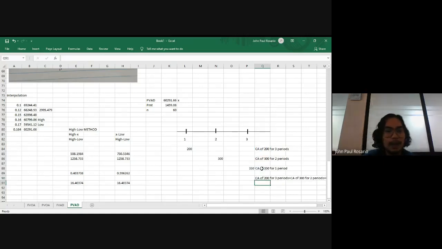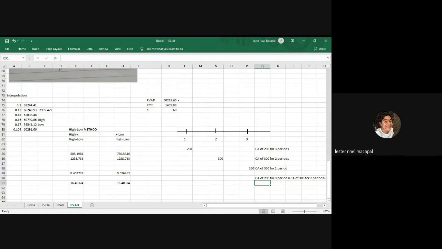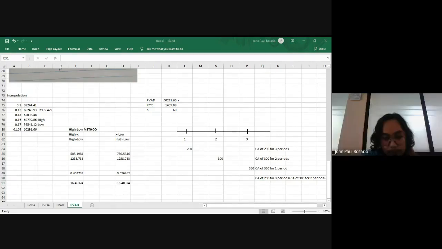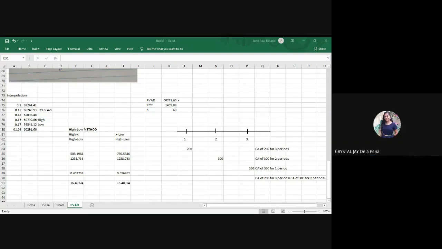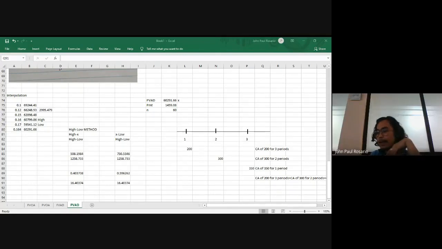Any other questions? None so far. Good morning, sir. Sir, in chapter 5, if we use the table, the outcome is the same as the formula used? Yes, they are the same, with maybe a small discrepancy because the table is rounded off to 4 or 6 decimal places.